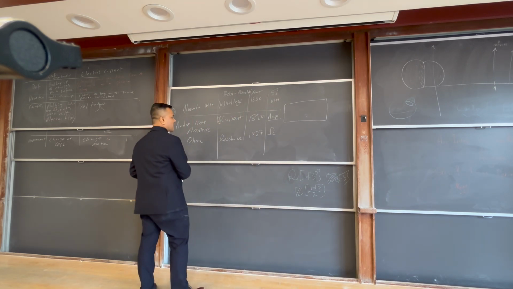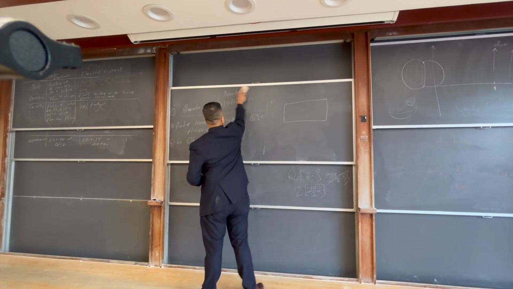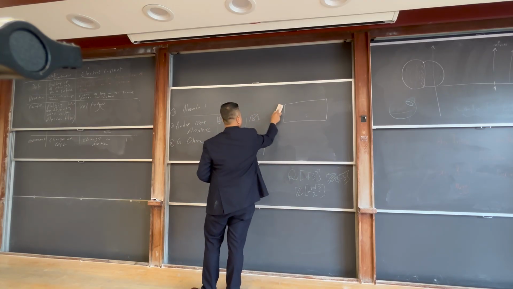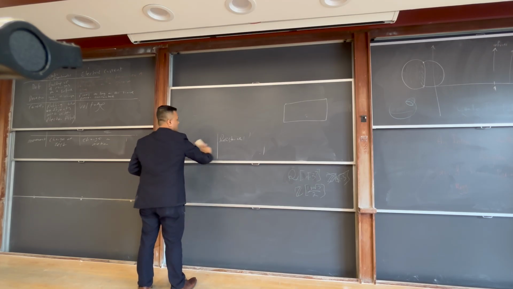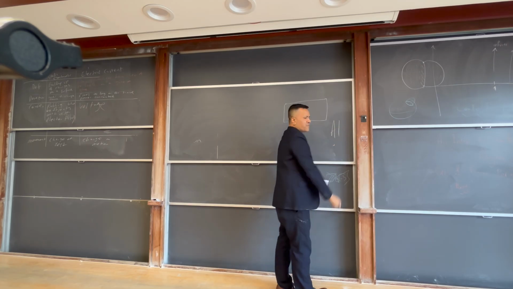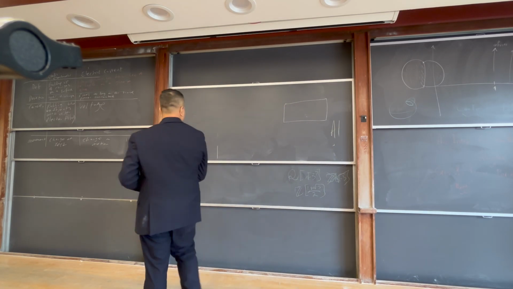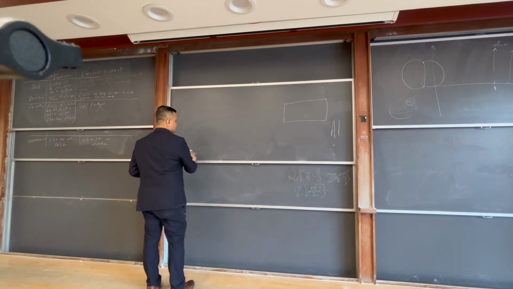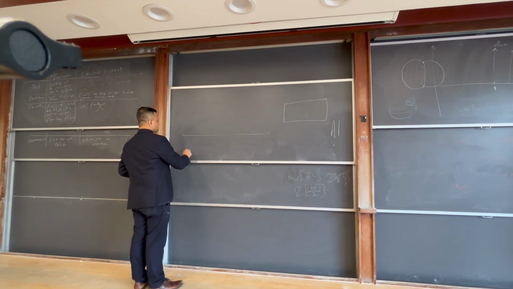Okay, so let's go back to our circuit. This is not a circuit, this is a rectangle made of a conductor. Let's say it's made of aluminum. But before that, let's talk about an analogy. All right, so let's talk about a road, from, I don't know, home to school, right?